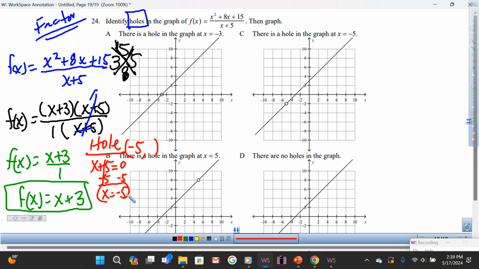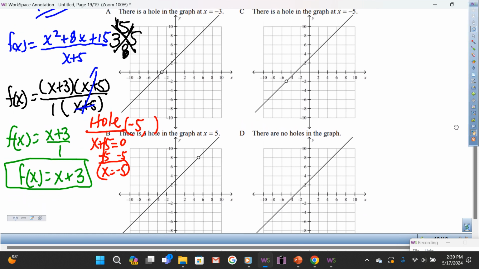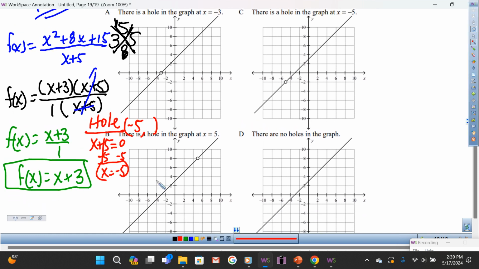Tell your neighbor, what do I do with that negative 5 for x? Yeah, we substitute it in here, right? So we write negative 5 plus 3. What is negative 5 plus 3? Negative 5 plus 3 is negative 2. We substitute it here, negative 2.